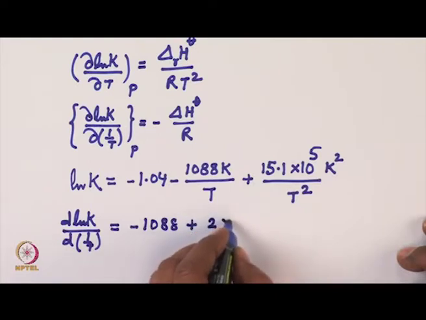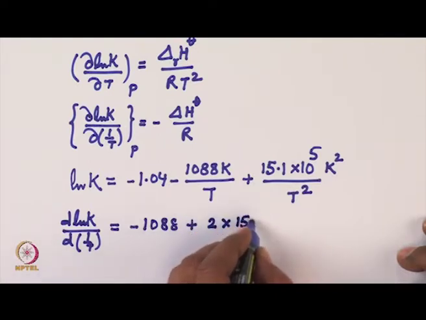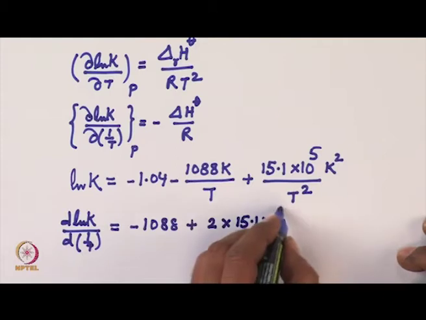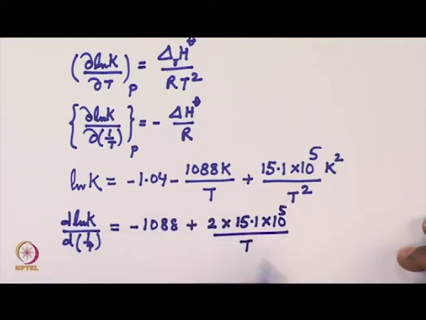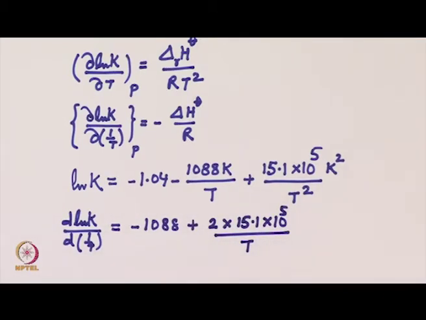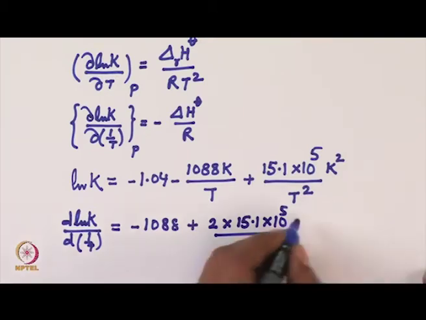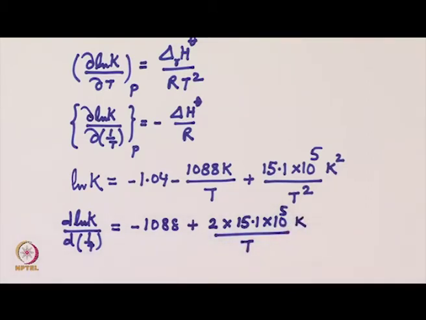It will be 2 into 15.1 into 10 raised to the power 5 divided by T. This is what I am going to get when I differentiate with respect to 1 by T, and of course it will be Kelvin. Let us go back to the slide.